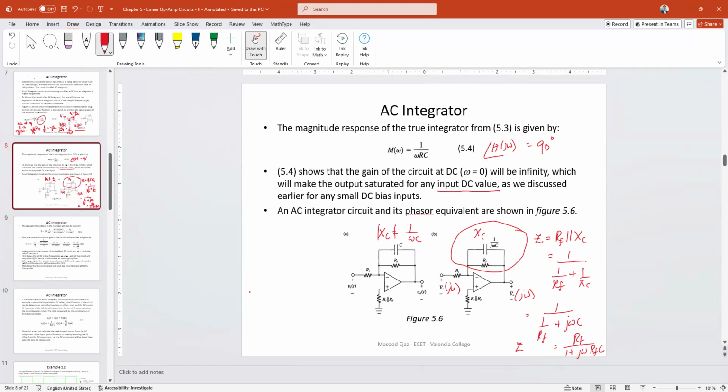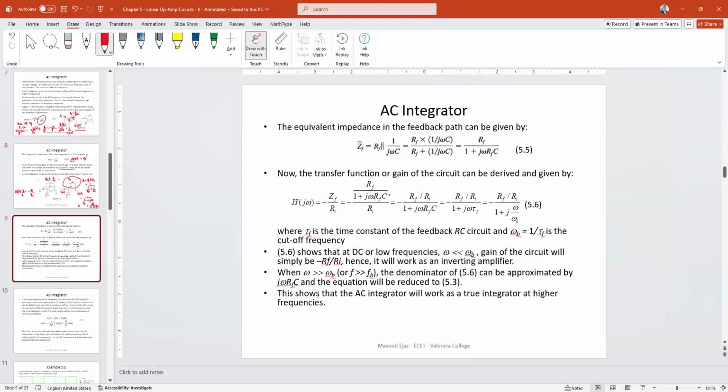So the transfer function or the gain of the circuit, H of j omega, which will be the output over input, we know that it's going to be negative feedback impedance, in this case Z, over input resistance, which will be R. And then we can simplify that by putting Z equal to RF over 1 plus j omega RFC, which you can see over here. We replace ZF with this. And then further simplification is going to produce this equation right here: negative RF over R input divided by 1 plus j omega RFC.